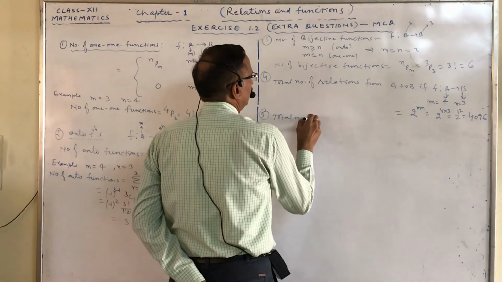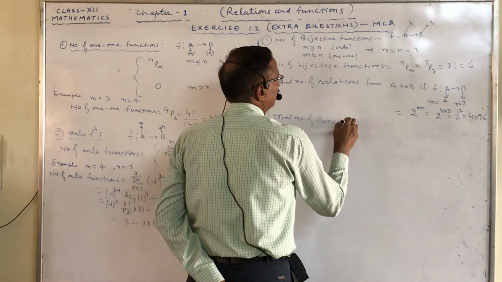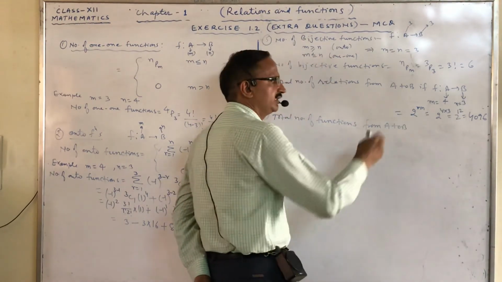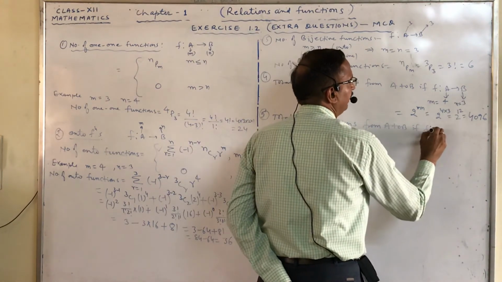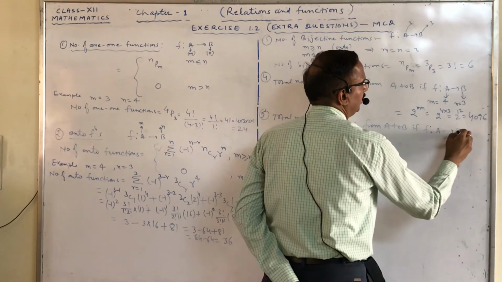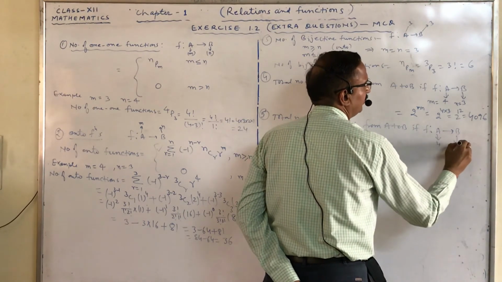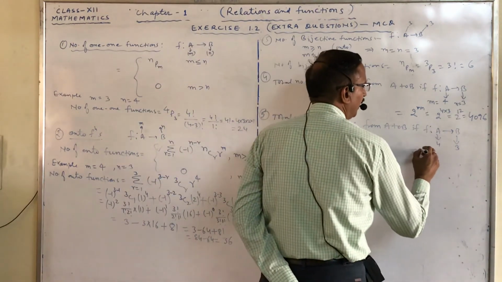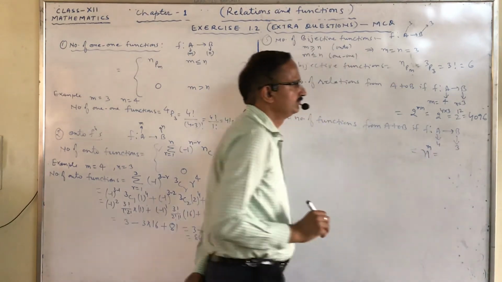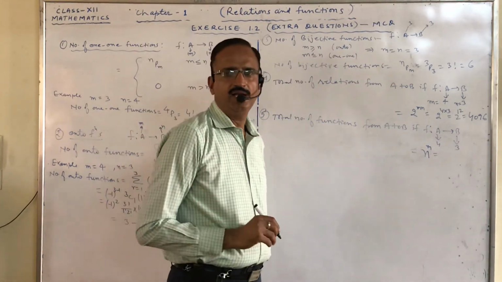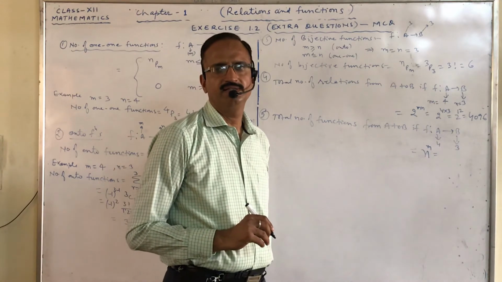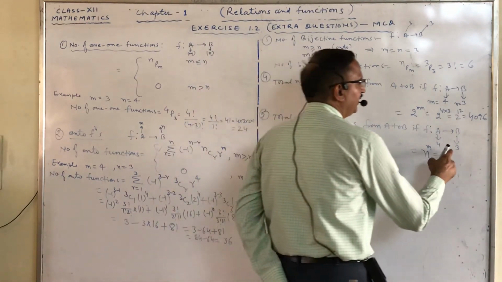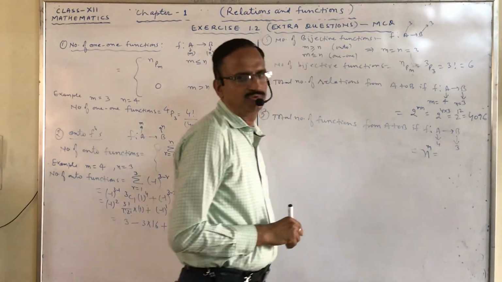Now, total number of functions from A to B. Same condition. If f is a function from A to B and A has 4 elements and B has 3 elements. So this is given by n raised to power m. In this case, n is 3 and m is 4.